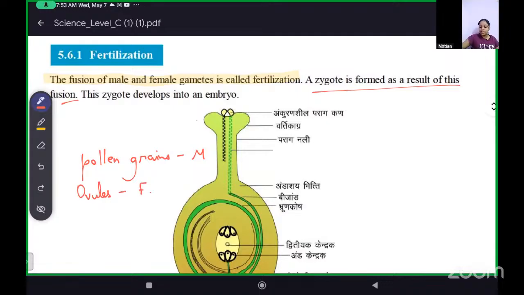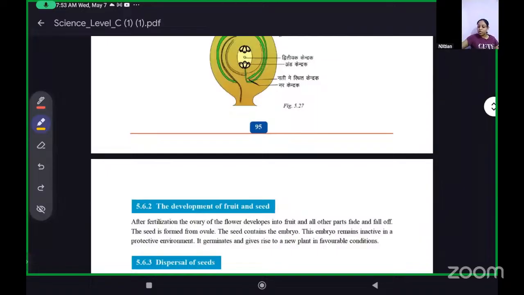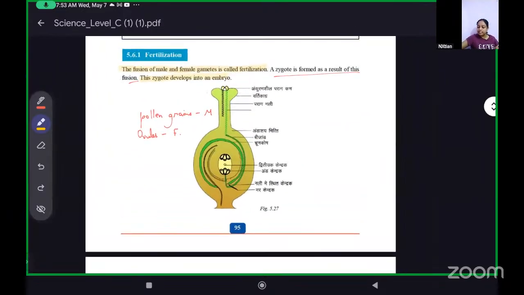So, when the pollen from the anther fuses with the ovule in the ovary of the plant, fertilization takes place, and the thing that is formed is known as zygote. And this zygote in plants develops to form an embryo, and the development of fruit and seed.